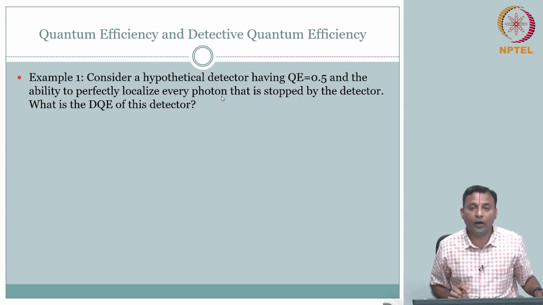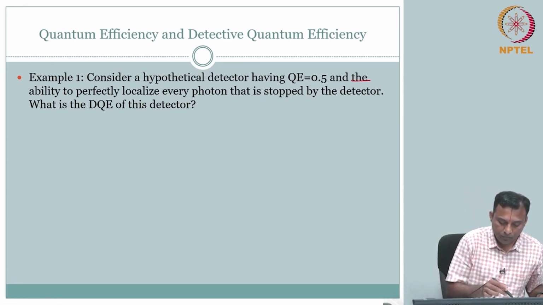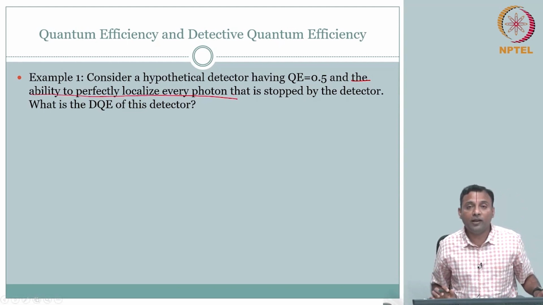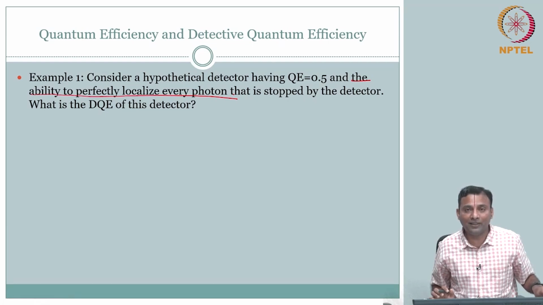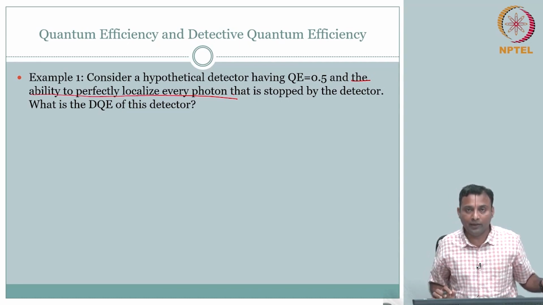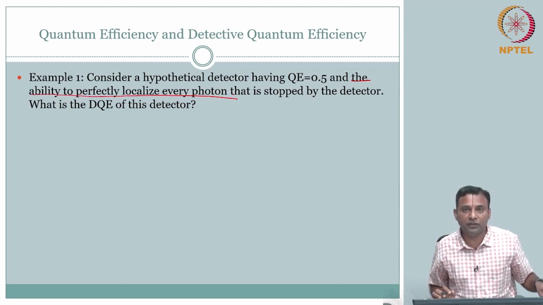QE is 0.5, that is given, but more importantly, look at this. What does QE represent? It represents the ability of the detector to stop photons. So that is one thing. And then what did we say? The ability to stop alone is not sufficient.